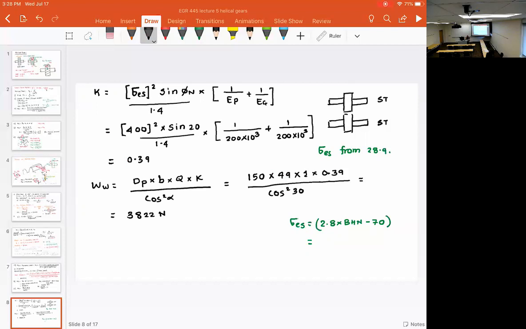Okay. Well, you have the 150 times 49 times 1. So the equation is dP, which is the diameter of the gear, B, Q, and K. Now K is 0.29, 400 squared.